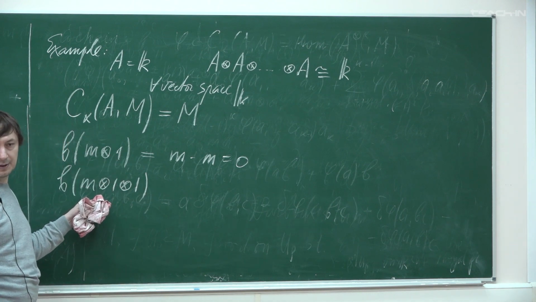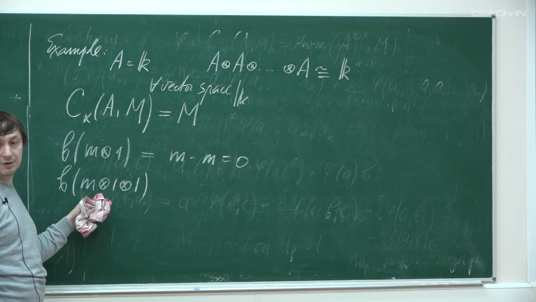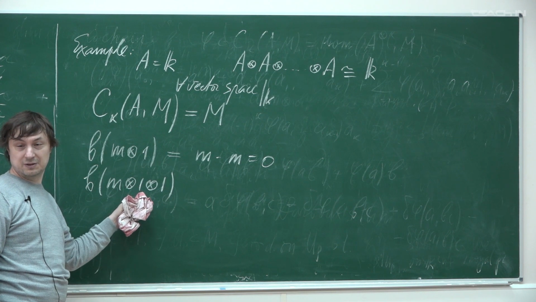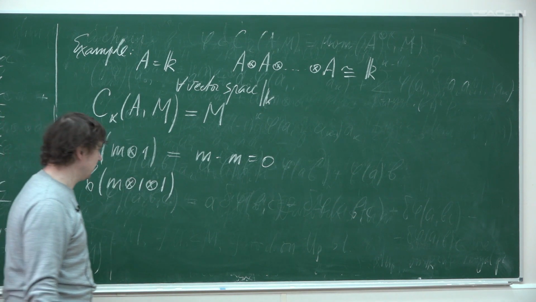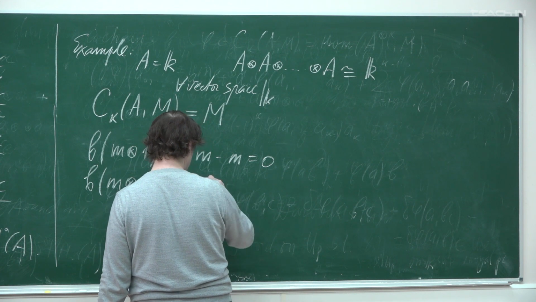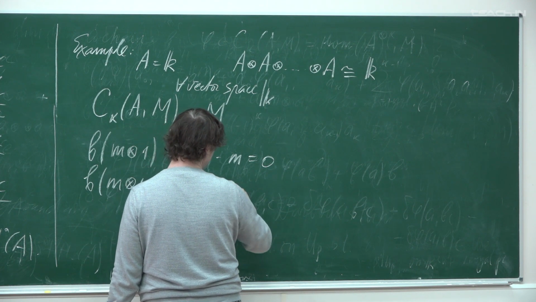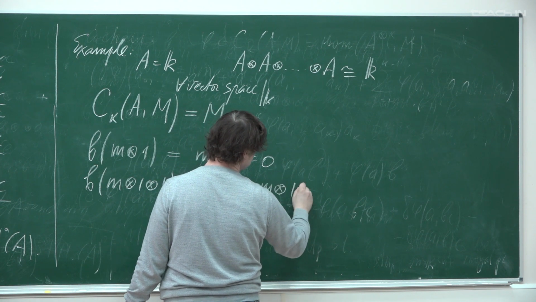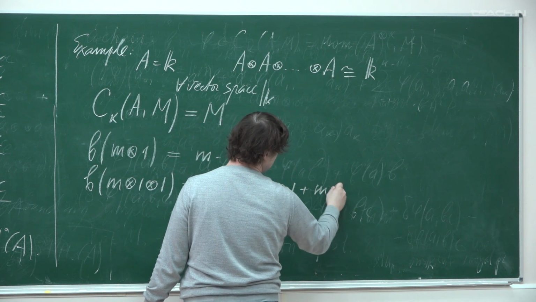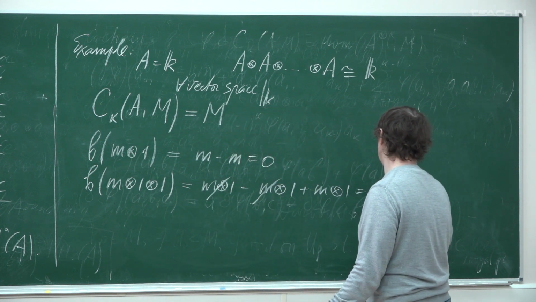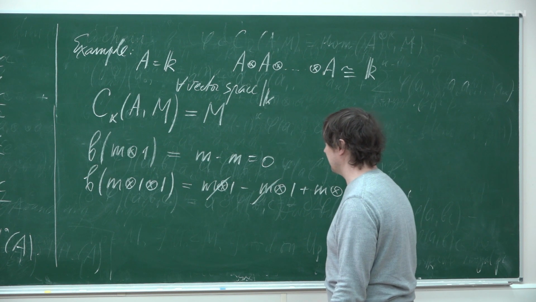Because the unique generator of K over K is just the unit. So we can write any element in this form. And in this case, the differential will look like M tensor 1 minus M tensor 1 plus M tensor 1. In other words, it is equal to M tensor 1, right?